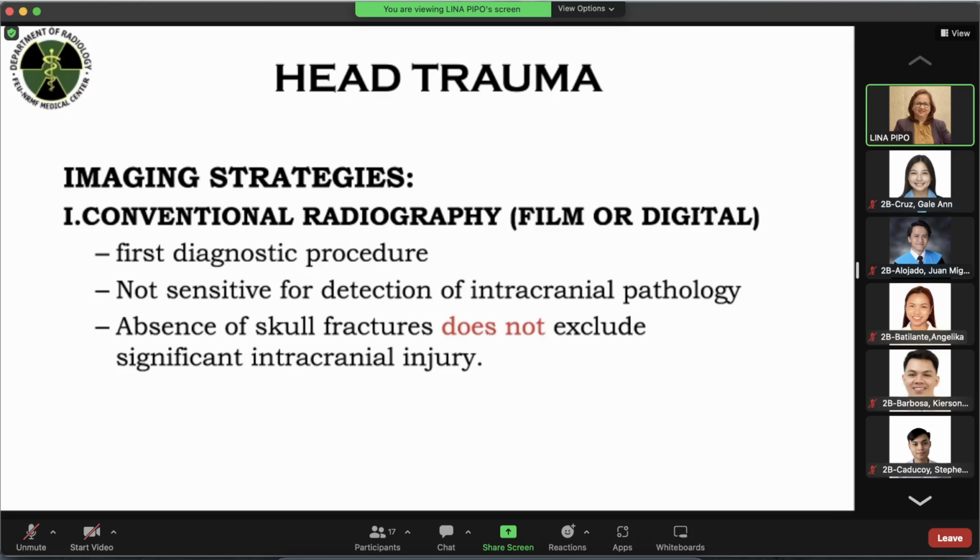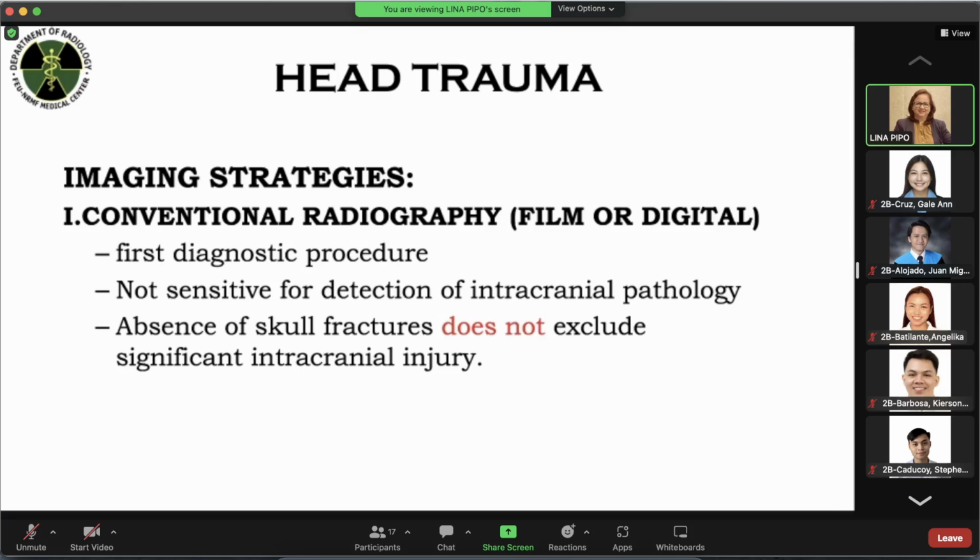The absence of skull fracture on X-ray does not exclude significant intracranial injury. So again, history is important. If, on physical examination, you think that the patient has intracranial pathology, do not be contented with your X-ray. Just request a CT scan, for your safety and for the patient's safety, for better evaluation.